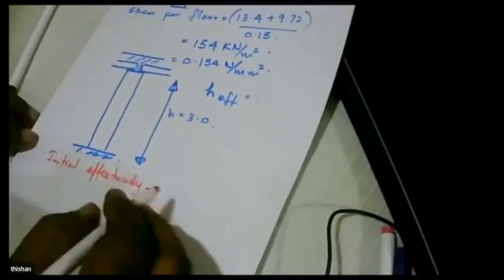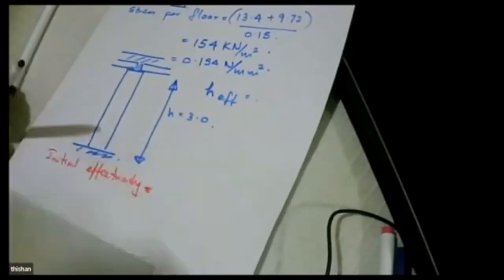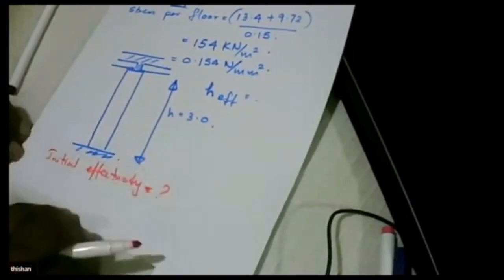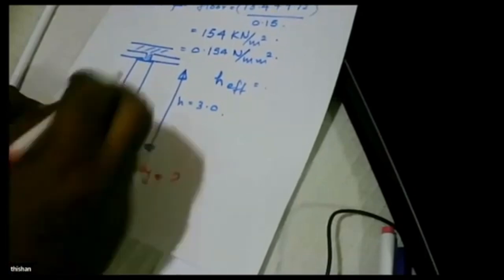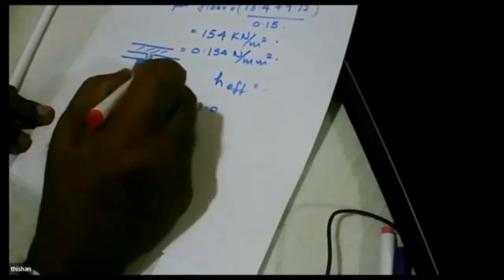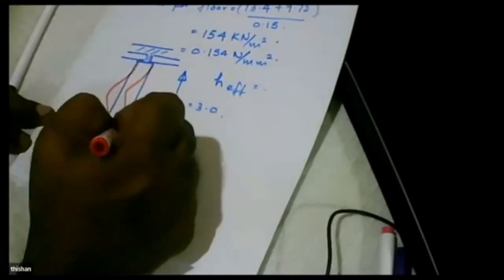So there's a small value, and so we'll find that also. Then in addition to that, there's a tendency for the masonry wall to buckle.